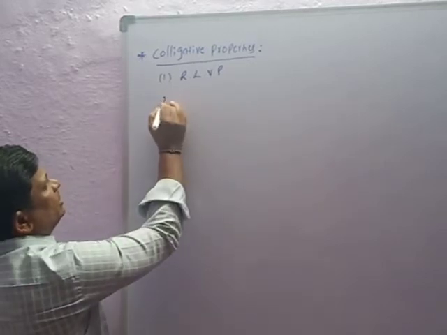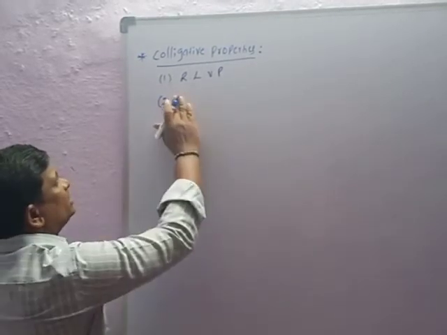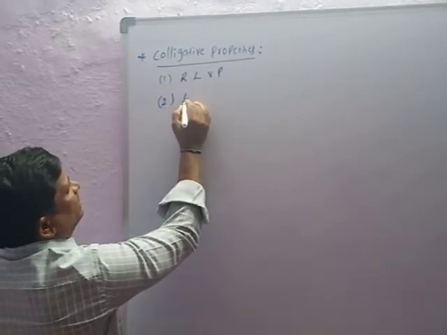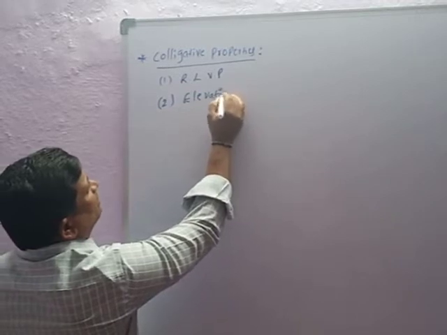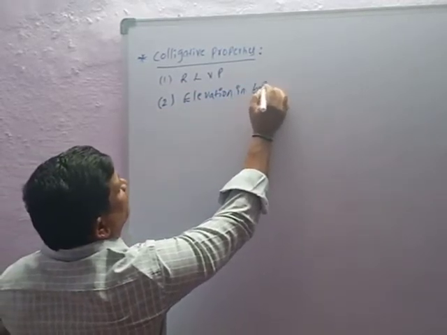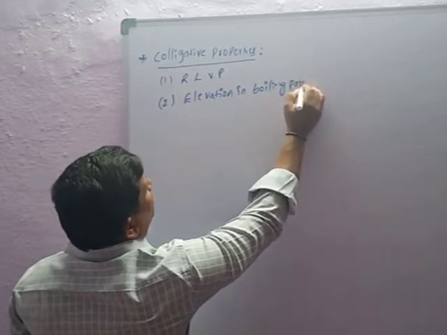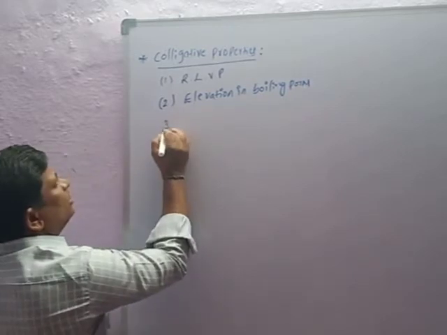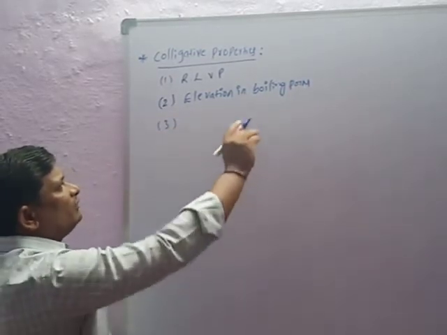The second colligative property is elevation in boiling point. The third colligative property is depression in freezing point.